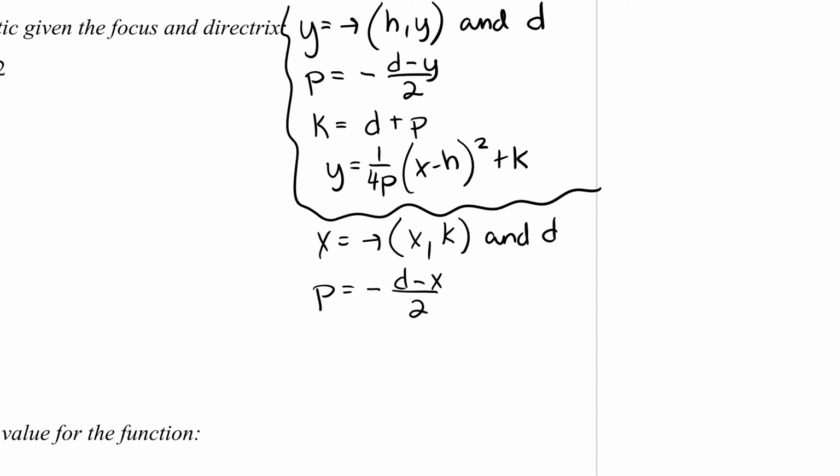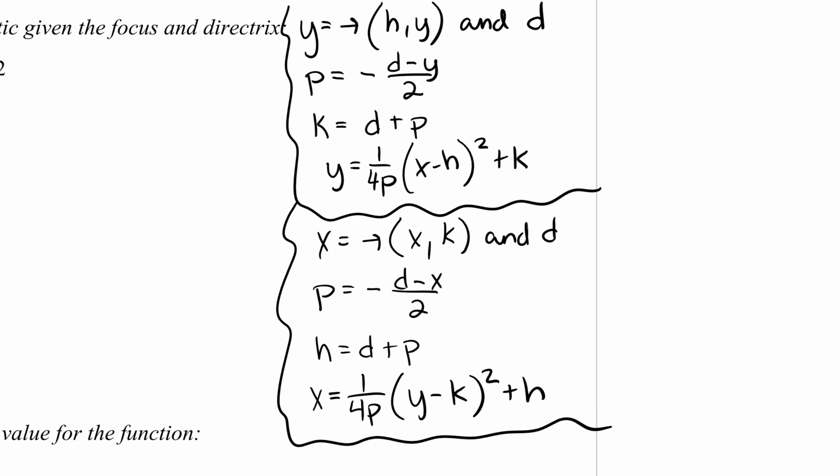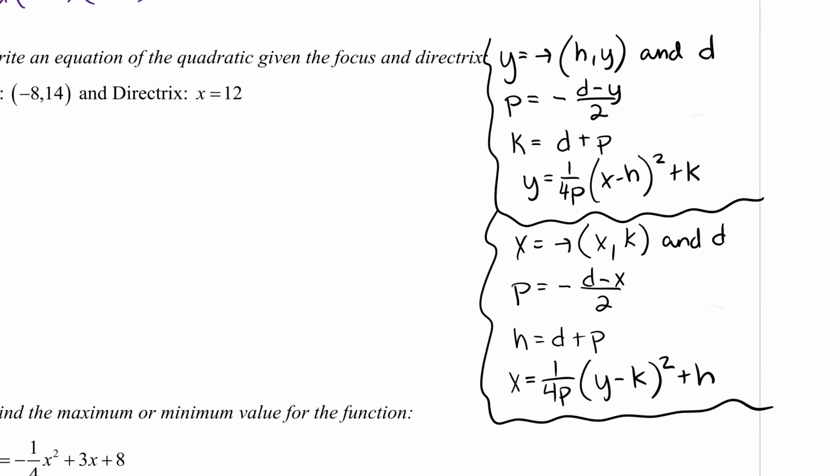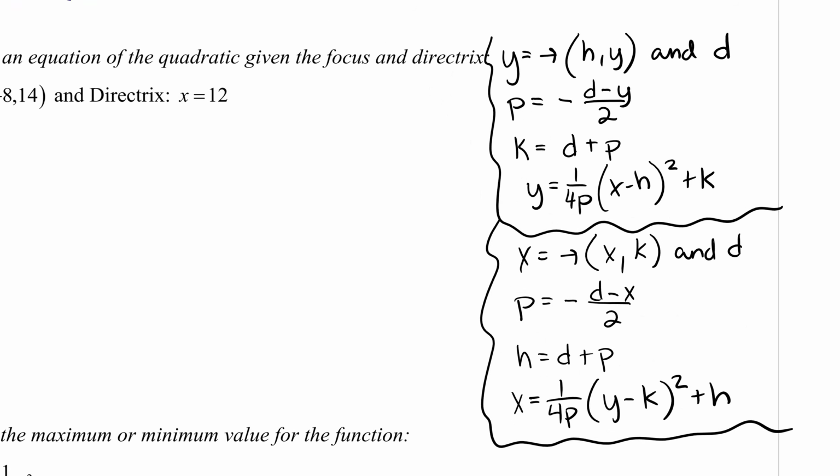Then I would find h. H is d plus p. And then I use my formula x equals 1 over 4p, and then y minus k squared plus h. So, depending on which one I have, x or y, I follow those steps, and then I have my answer.